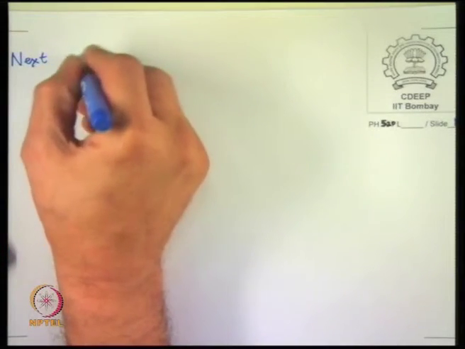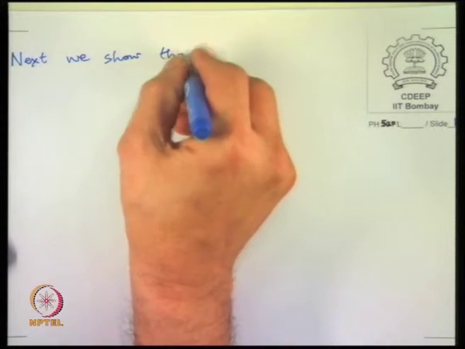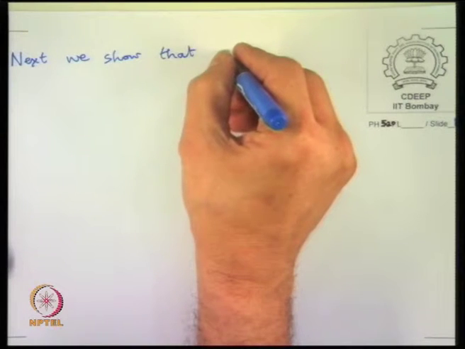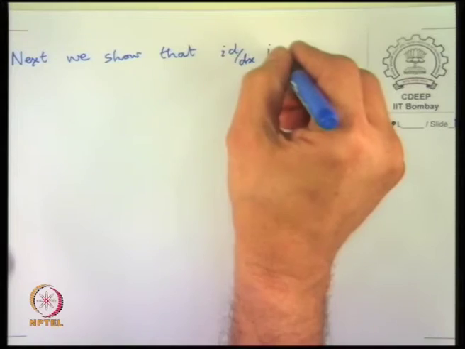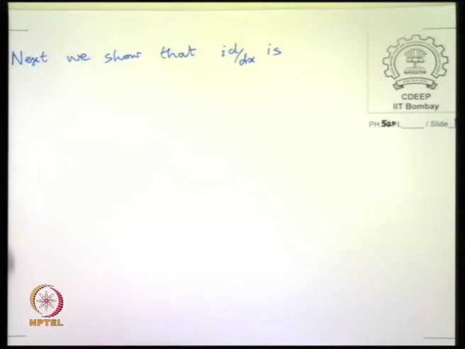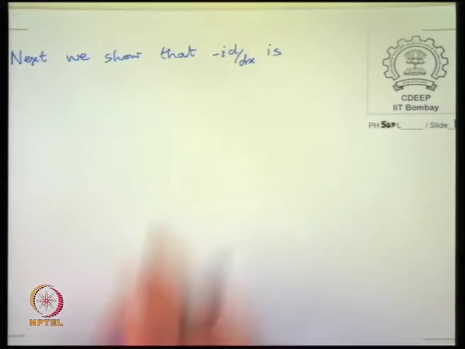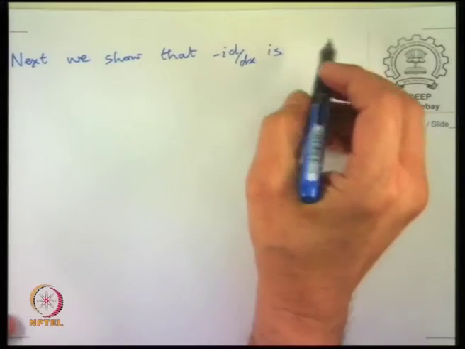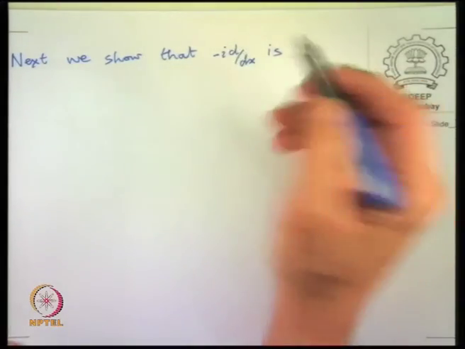Next we show that i d by dx is, so I should put minus i, because in physics momentum is put, I mean Schrodinger chose a sign once, so we have to put this minus here. It's a matter of convention, but that is the physics convention.